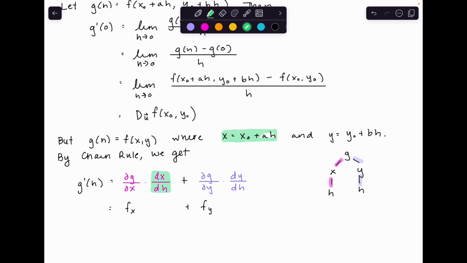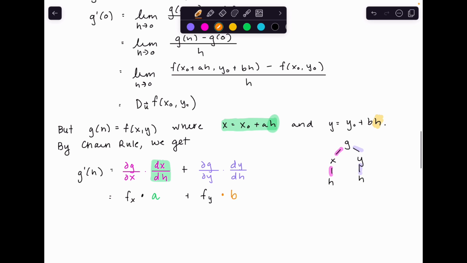If I take the derivative of this with respect to h, well, h is just this component here, so the derivative is just a. And then likewise, if I take the derivative of this with respect to h, well, this is the only h piece, so that derivative is b. Okay.